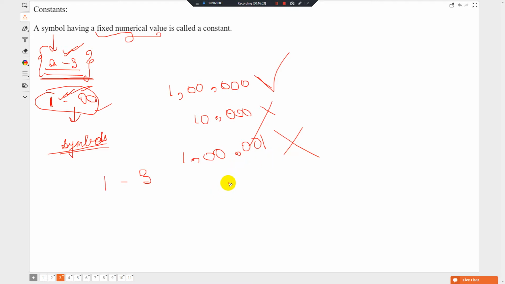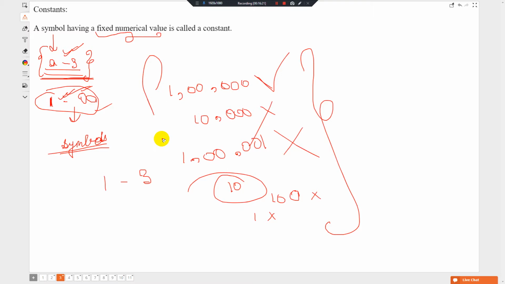If we take 10, it won't be 100. But can it be 1? No. It is always 10, right? Same. Those symbols or numbers which do not have various numerical values are called constants.